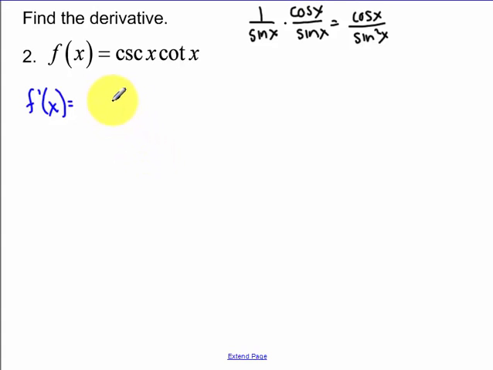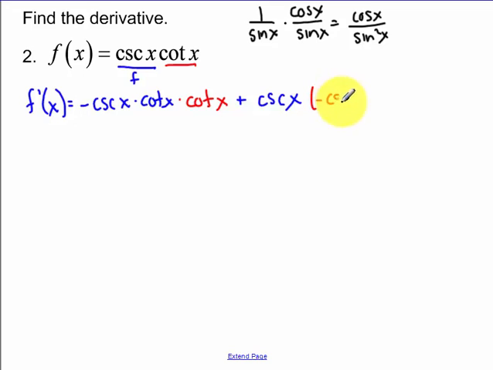Okay, so derivative of the first. Derivative of cosecant is negative cosecant x cotangent x, leaving the second alone. Plus, leaving the first alone, derivative of the second, derivative of cotangent is negative cosecant squared x.